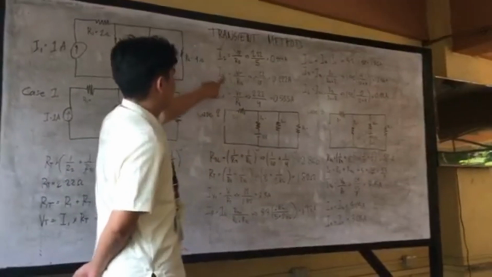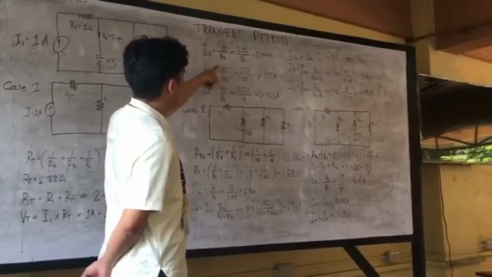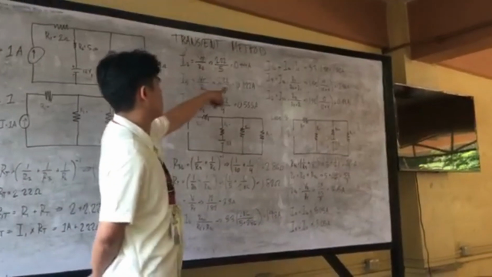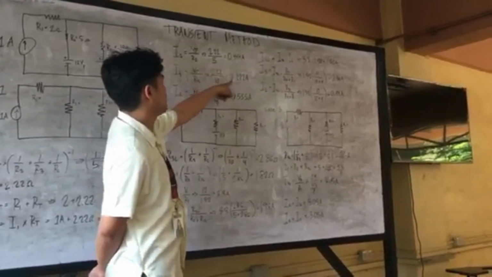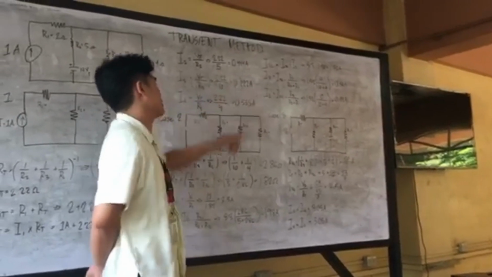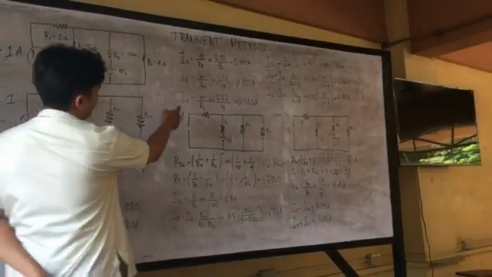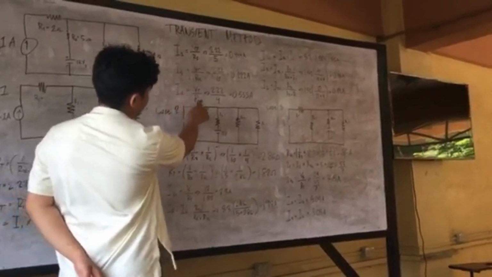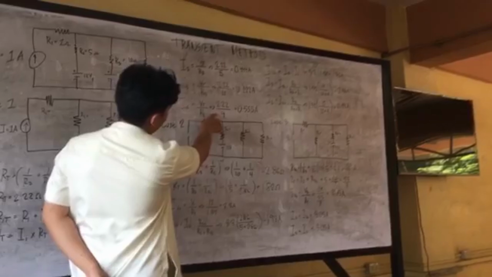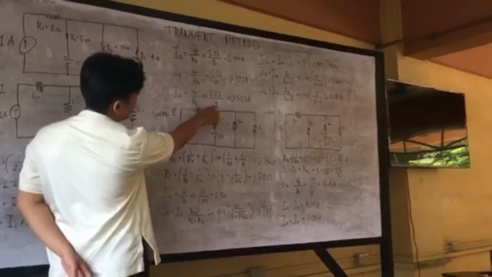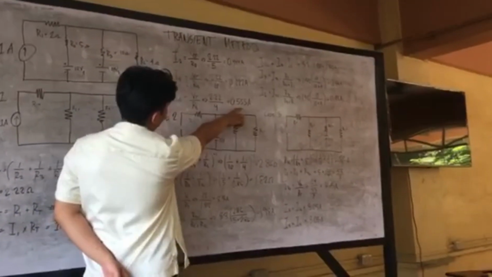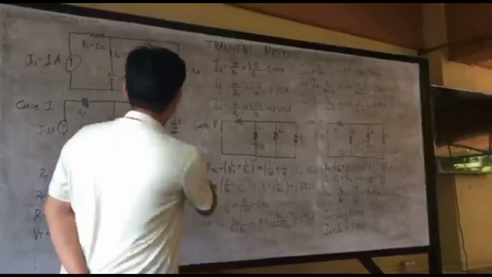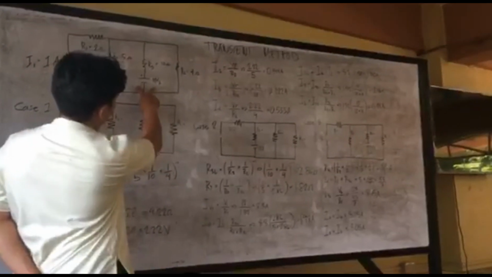For the I3, the formula is VT over R3, substitute the values 2.22 over 10, answer is 0.222 amps. And lastly, for the IL, the formula would be VT over RL, and substitute the values 2.22 over 4 is equal to 0.595 amps.